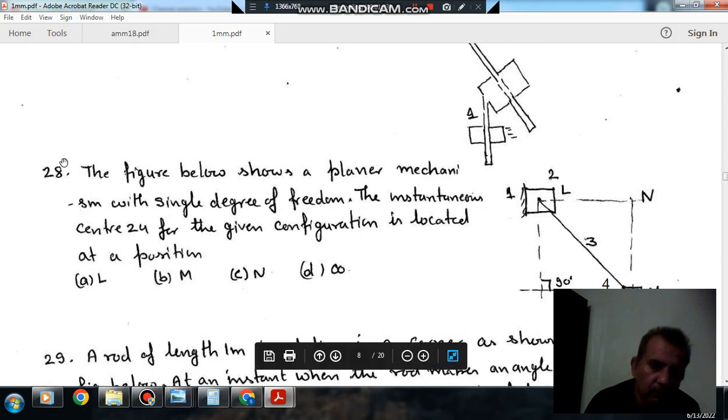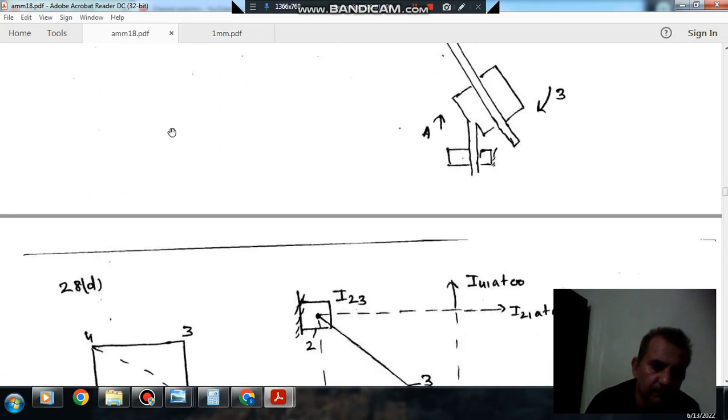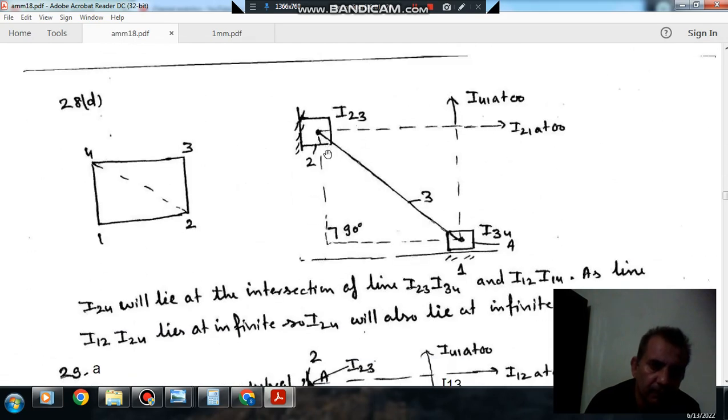Okay. So in this arrangement, this is your I12, this is your slider and this is your fixed link. So the slider will rotate about infinity, and the center will be perpendicular to the motion of the slider.